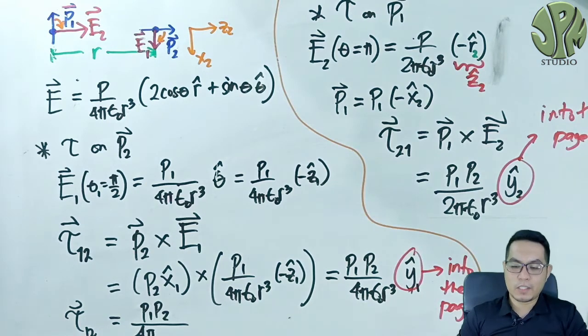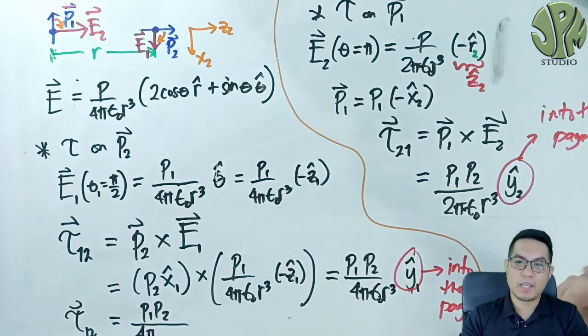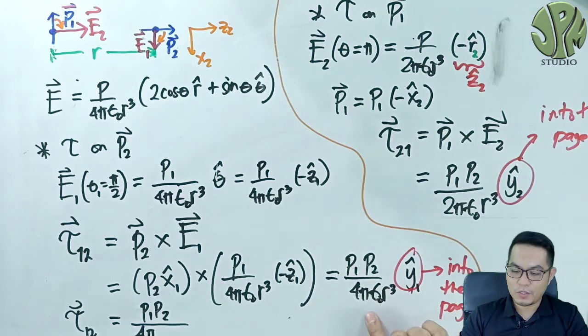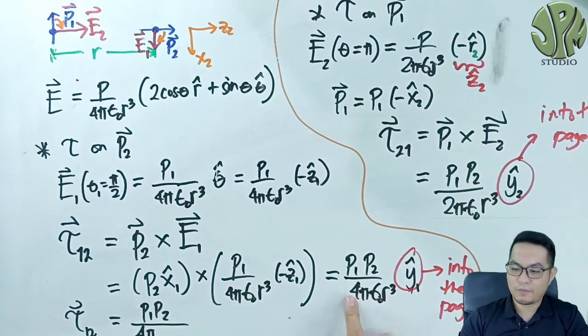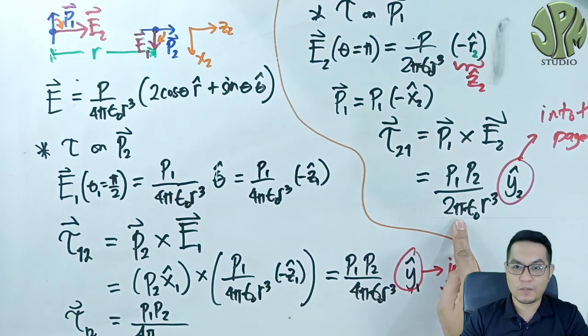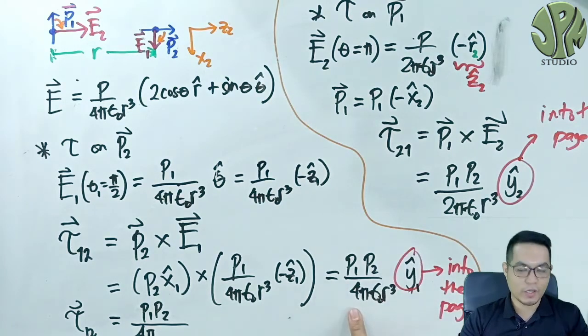So if you notice, the two magnitudes are not the same, even though their directions are basically the same, into the page. The magnitude of this is actually 1/4 and this is 1/2. So this is half as compared to the torque exerted by 2 on 1. So this is actually twice the torque. The torque exerted by 2 on 1 is actually twice the torque exerted by 1 on 2.